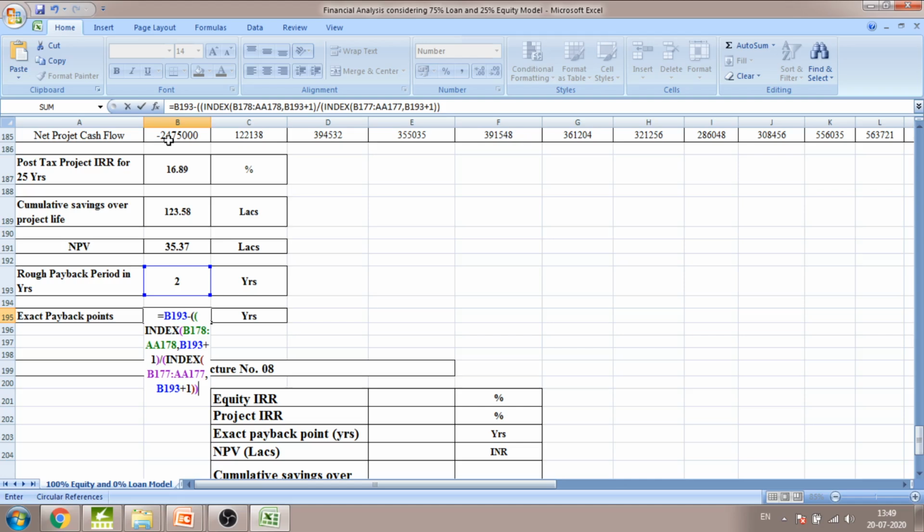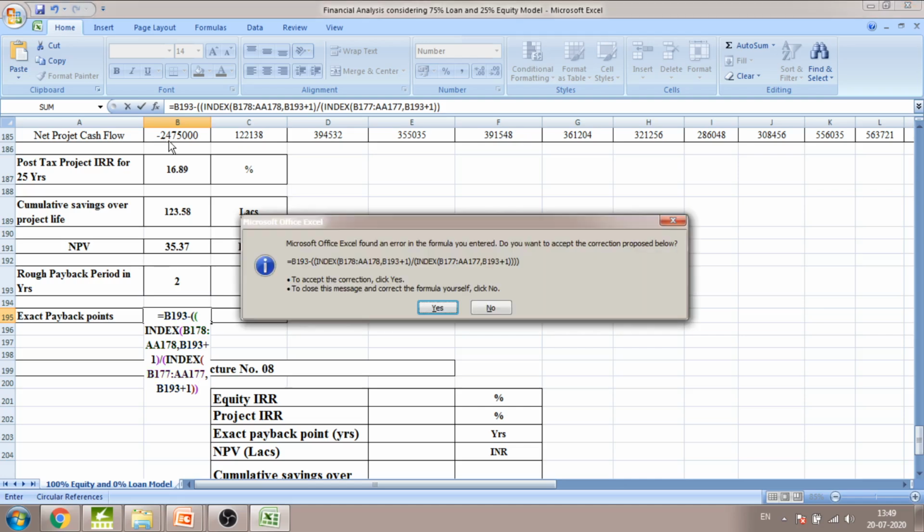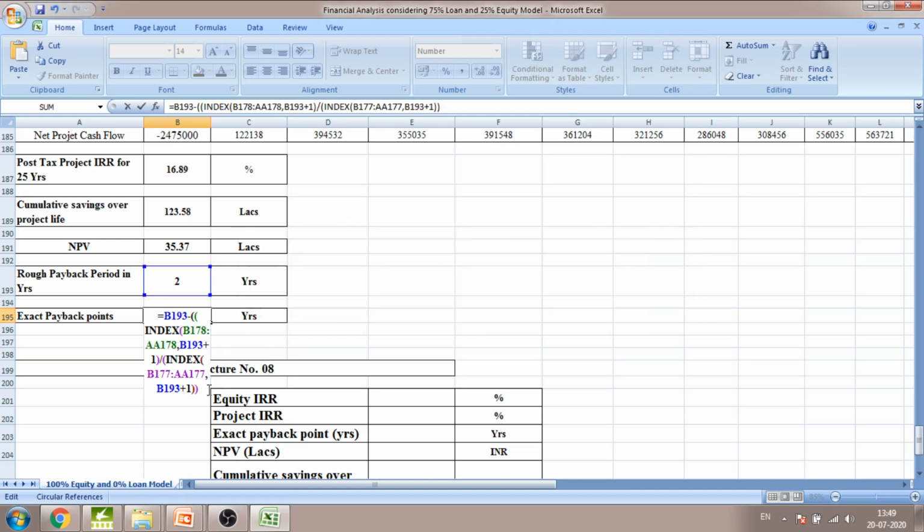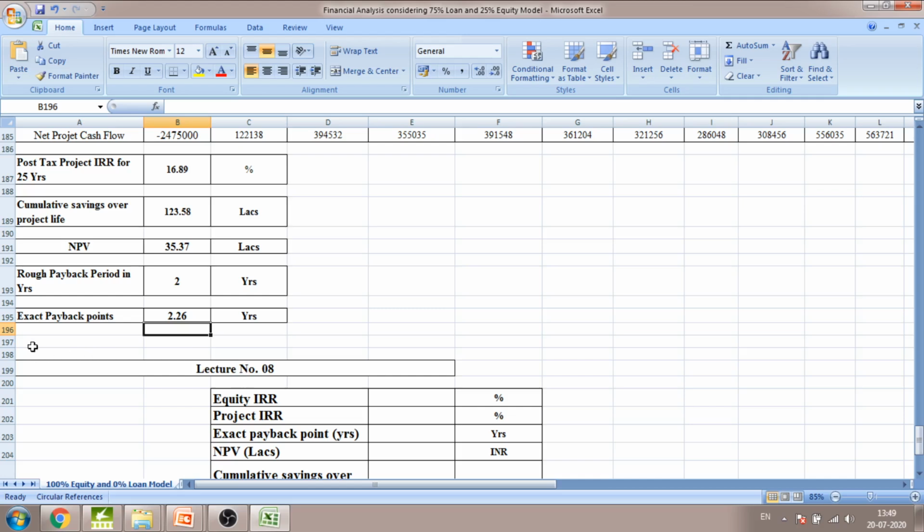By using this formula, the exact payback point we can calculate as 2.26 years.